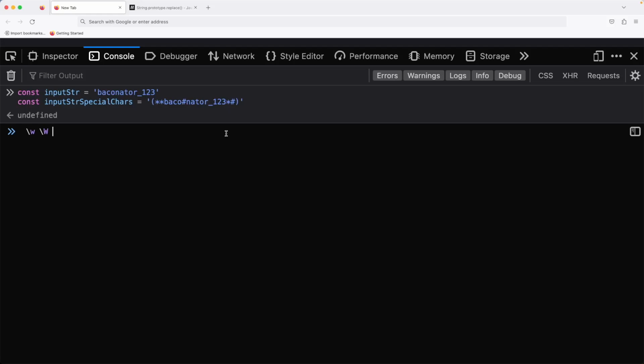There are a couple of regular expression metacharacters. I'm just so used to saying metadata these days, but they're actually called metacharacters, and that is the backslash lowercase w, which is the word matching metacharacter, and the non-word metacharacter, which is the backslash uppercase W. These two sometimes get confused with each other.